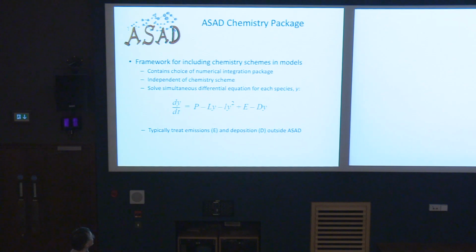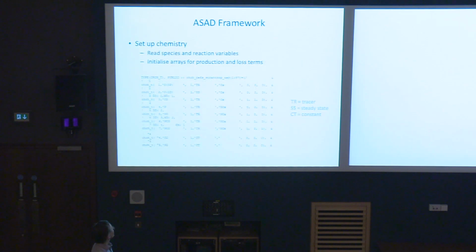All right. So within ASAD, we just set up the chemistry. You need to give UKCA a list of chemical species to deal with. The CHCH file gives a list of what individual tracers you're looking at. I think you'll get to play around with this kind of thing in your tutorials. You can define what the chemicals are. You have to define what type of tracer they are.